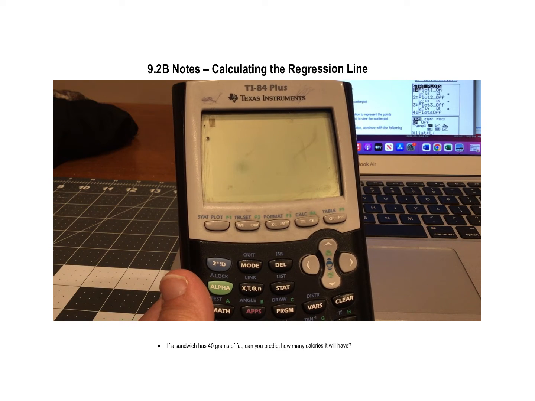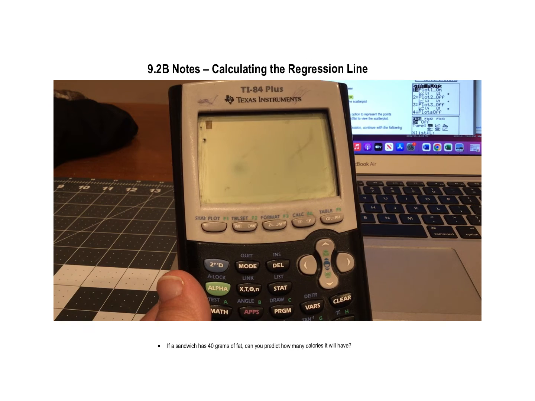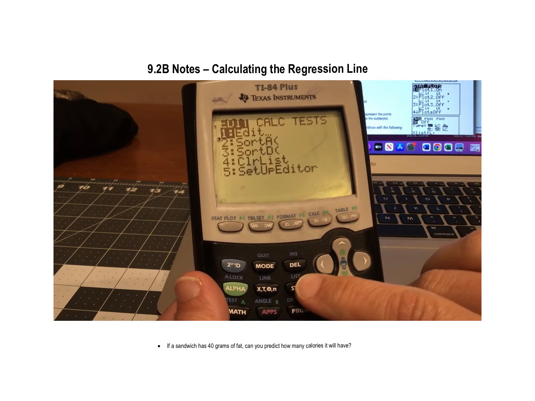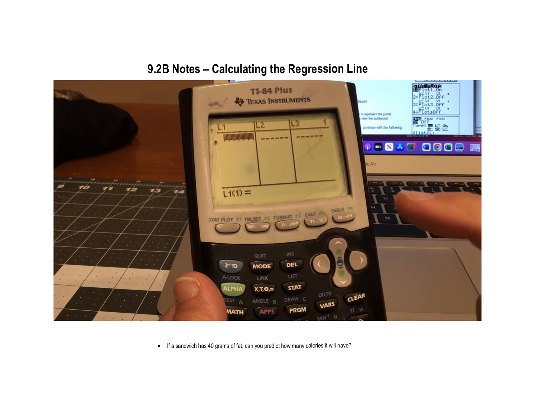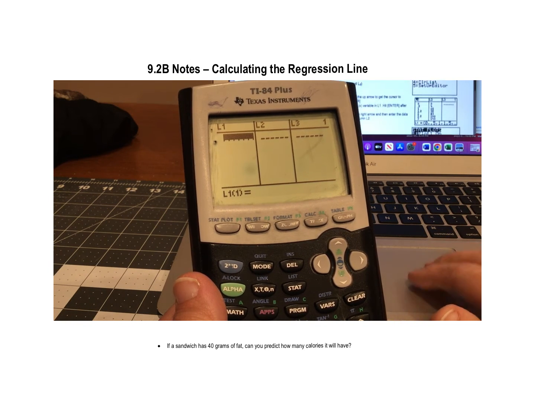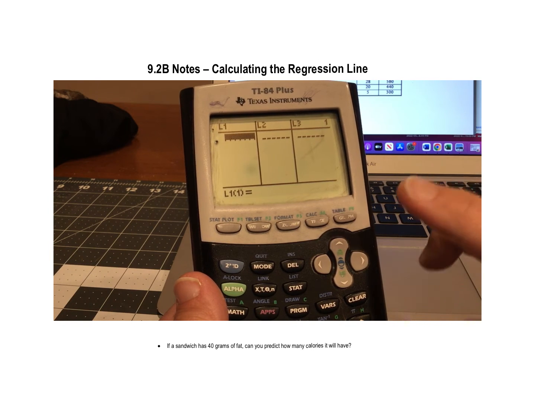If I wanted to enter bivariate data into my calculator, I would have to edit 2 lists. So we go to stat and we hit enter for edit, and now I'm going to add my data to 2 lists. So if I were using the data for our problem on our notes, I would enter total fat under list 1.